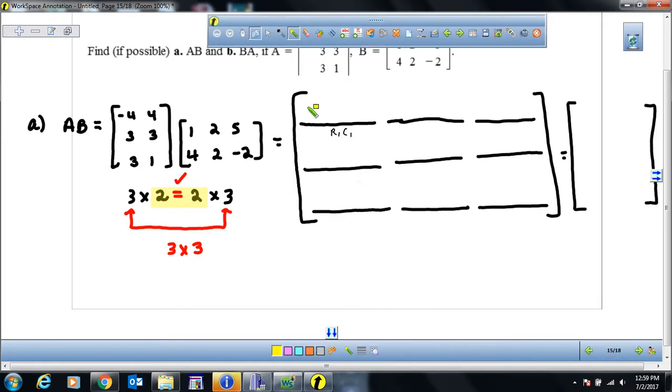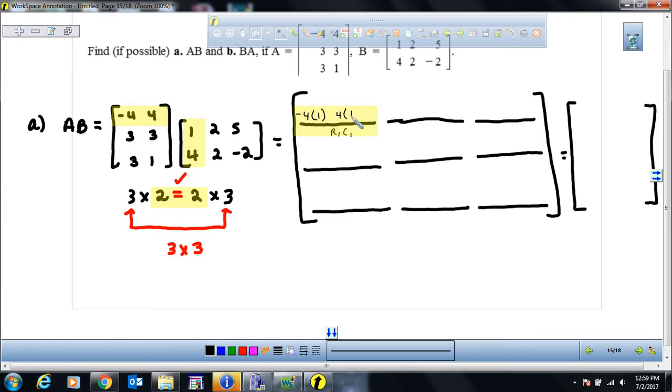So what I need to do to find the answer to this number is multiply the first row of the first matrix, which is the -4 and the 4, times the first column of the second matrix, which is the 1 and the 4. And you multiply them in the order in which they appear. The first by the first, and the second by the second. Okay? So in other words, -4 multiplied times the 1, and the 4 multiplied times the 4.